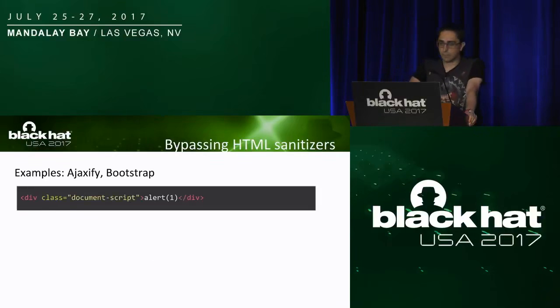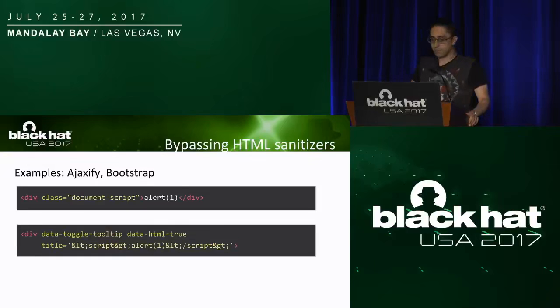Ajaxify, for some really weird reason, decides that a div with a class of document script should actually be created as a script, and the text content of this element will be the body of the newly created and inserted script. But such patterns are very common, and this is why gadgets are interesting as an XSS bypass mechanism.